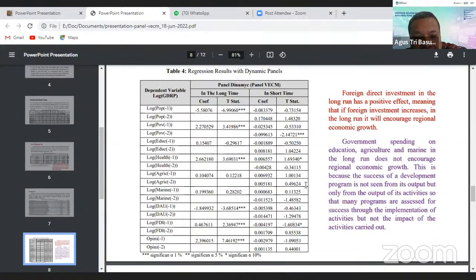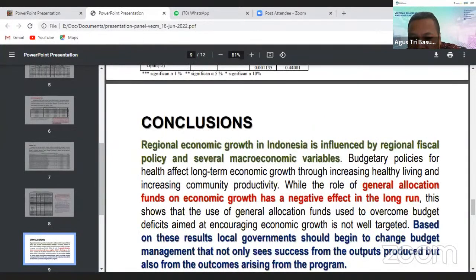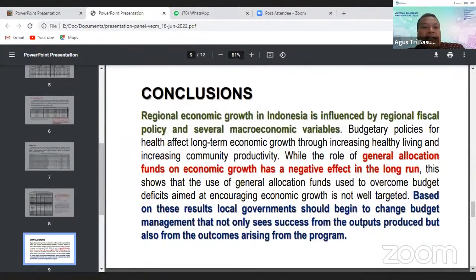From this regression, we conclude that regional economic growth in Indonesia is influenced by regional fiscal policy in several macroeconomic variables. Budgetary policy for health affects long-term economic growth through increasing healthy living and community productivity.